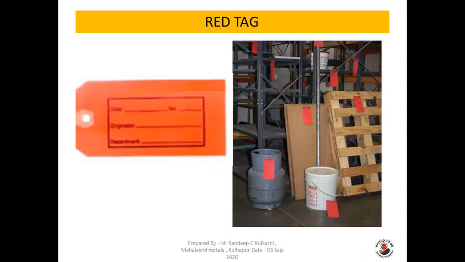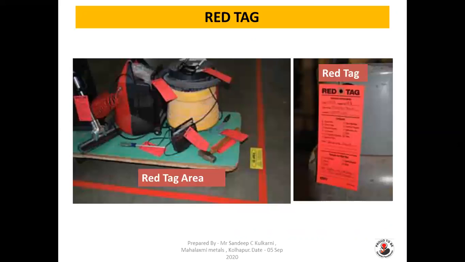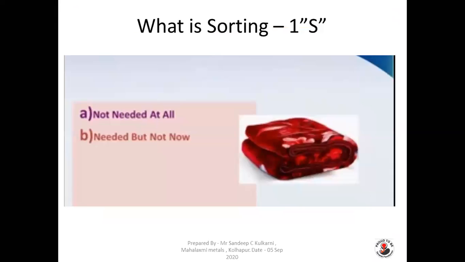So these are the pictures for red tag area or red zone area. You can see material kept in the red tag area with a proper red tag on it with all the identification or all the details: why it is kept, who has kept it, etc. So this is another picture you can see for red tag area or red zone area.